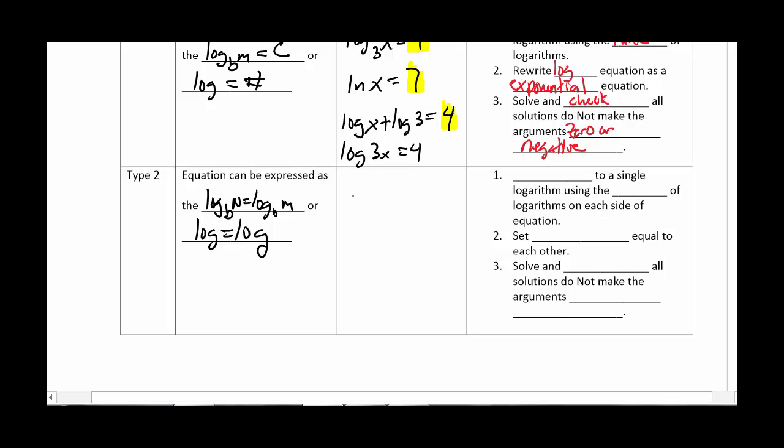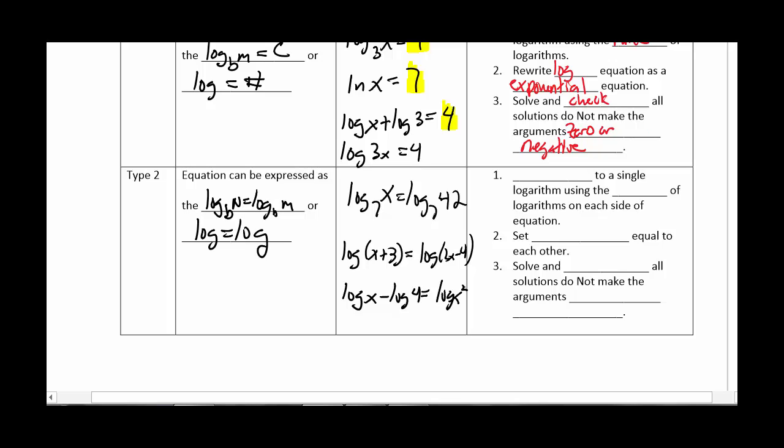Some examples where you might see this: log base 7 of x equals log base 7 of 42. The log of x plus 3 equals the log of 2x minus 4. And the log of x minus the log of 4 equals the log of x squared.